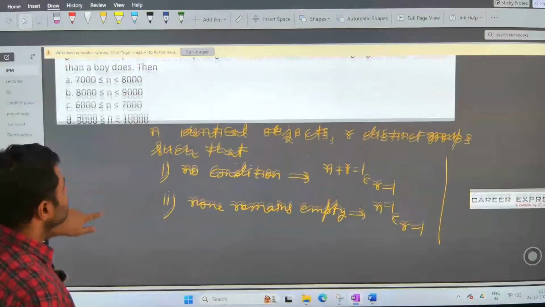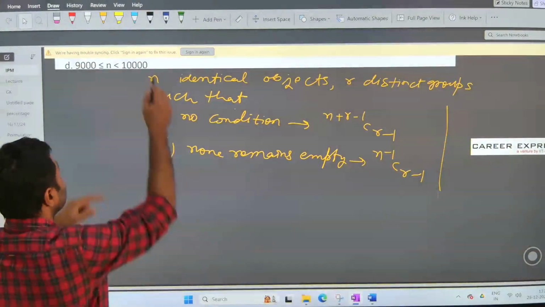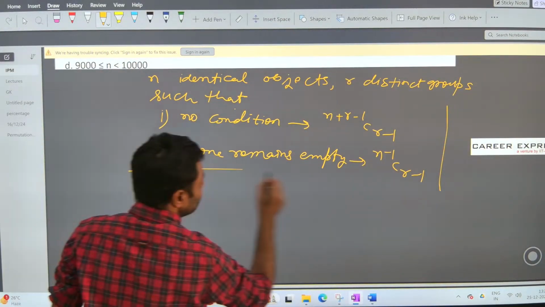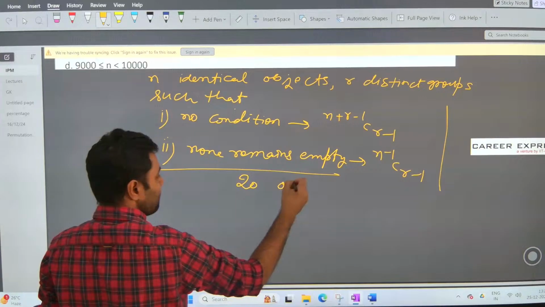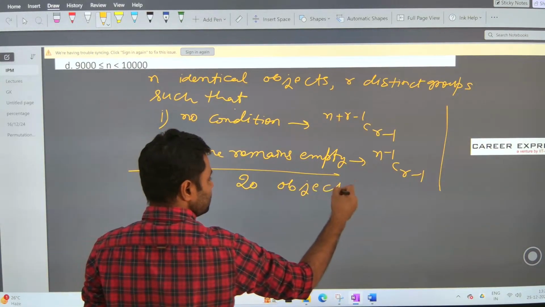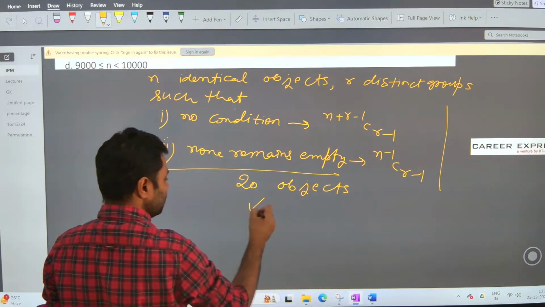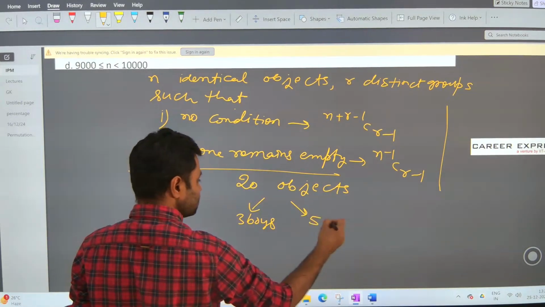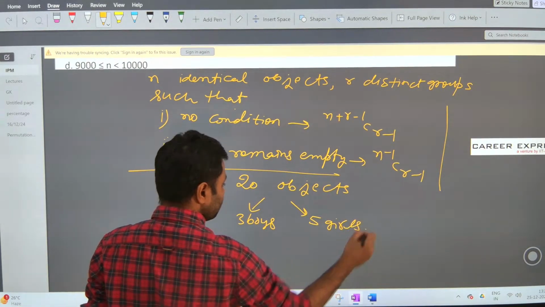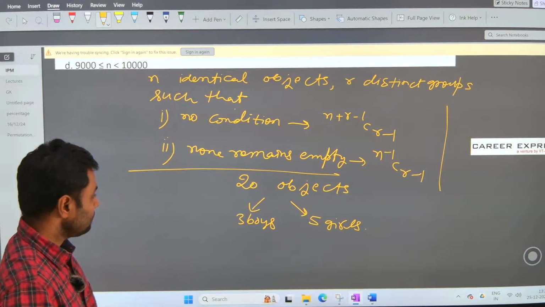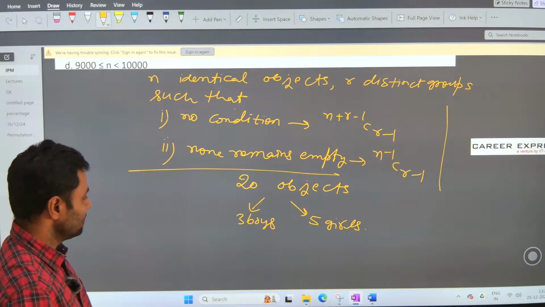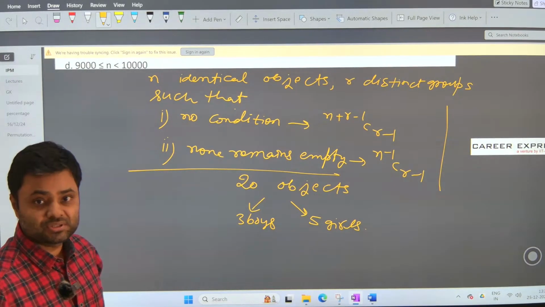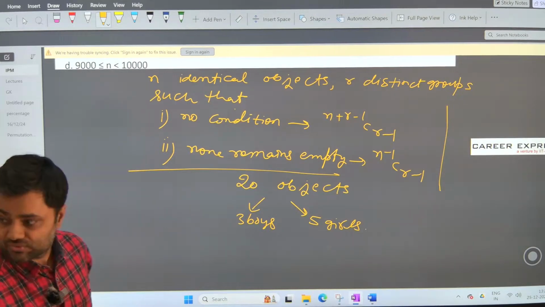Now, let us come to the question. There are 20 identical objects and these objects are to be given to 3 boys and 5 girls. Now, the condition is that all of them must get at least one object.